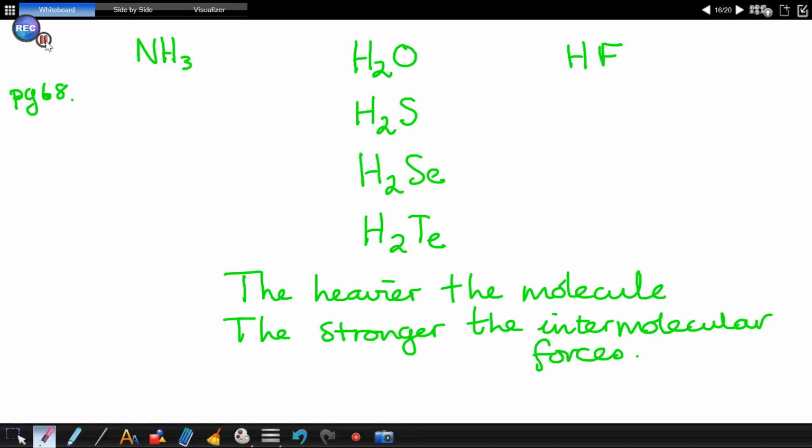It's very similar to gravitational forces. The bigger the mass of the object, the stronger the gravitational force. So intermolecular forces follow the same trend.